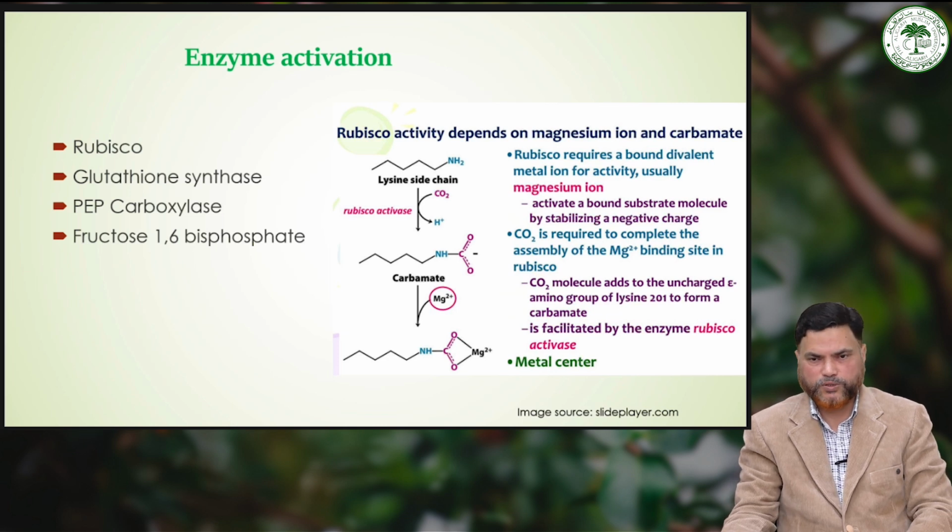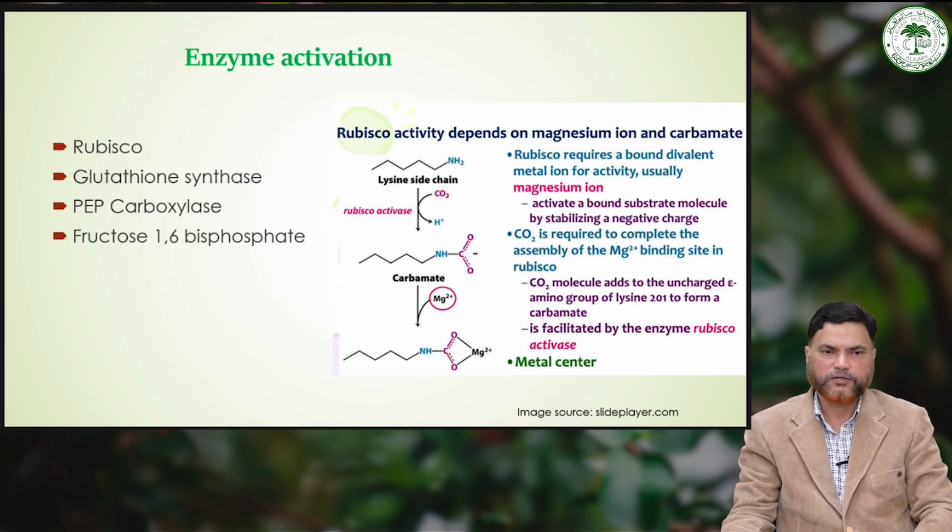The first one is rubisco, which we have gone through in detail. Rubisco is the key enzyme involved in the Calvin cycle, where it catalyzes the carboxylation of RuBP to form two molecules of 3-phosphoglycerate, a crucial step in carbon fixation during photosynthesis.